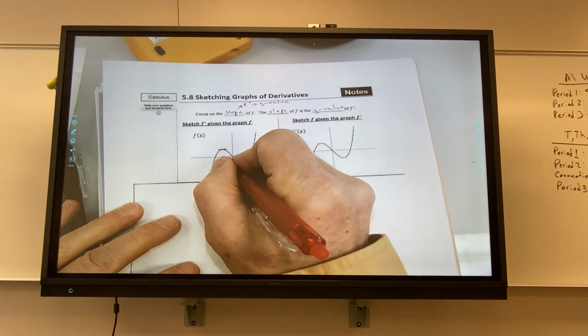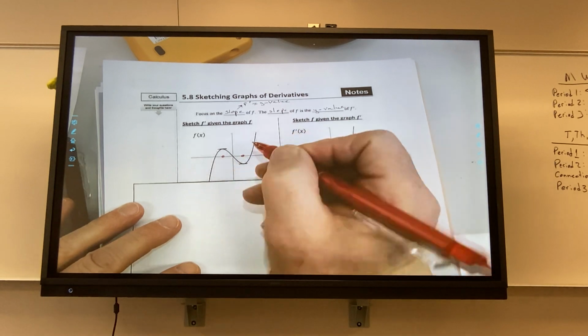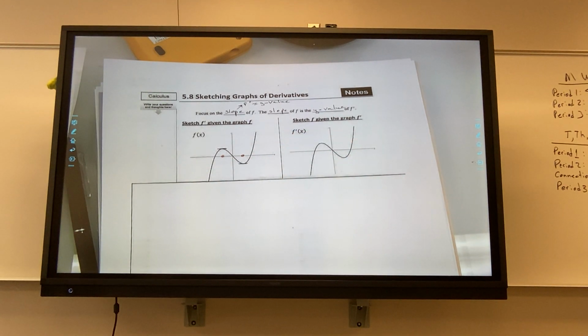So I come over here and I mark those 2 zeros. I know my derivative has to go through those 2 points and only those 2 points on the x-axis, because nowhere else is there a tangent line that has a slope of 0 on that graph. Does that make sense to everybody?